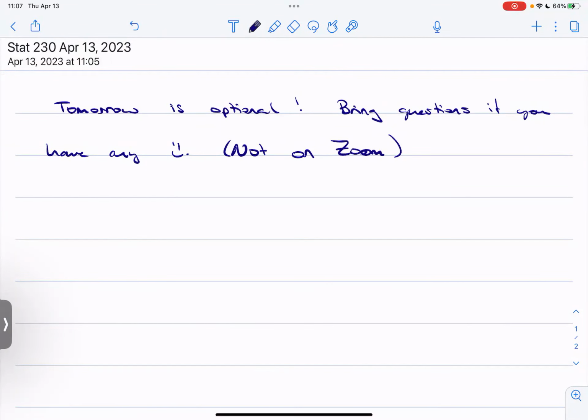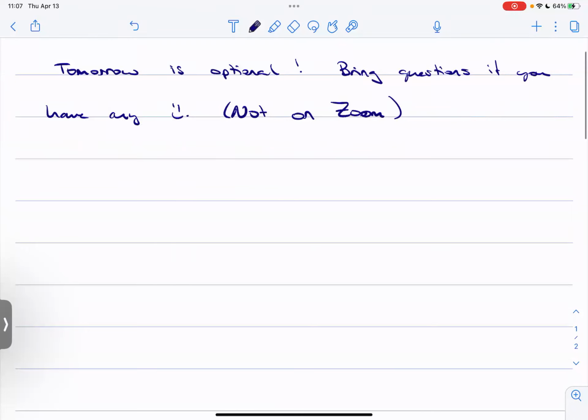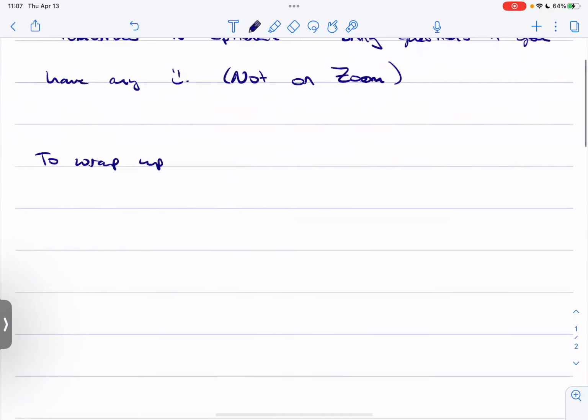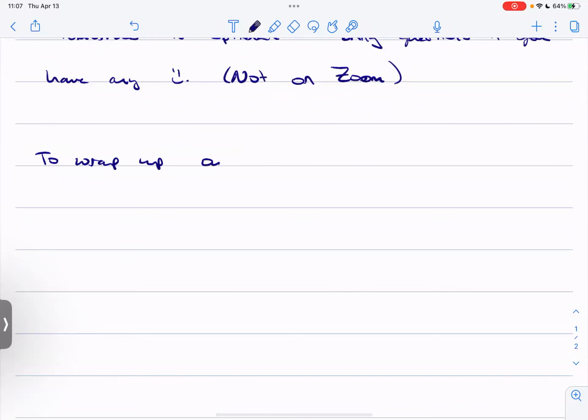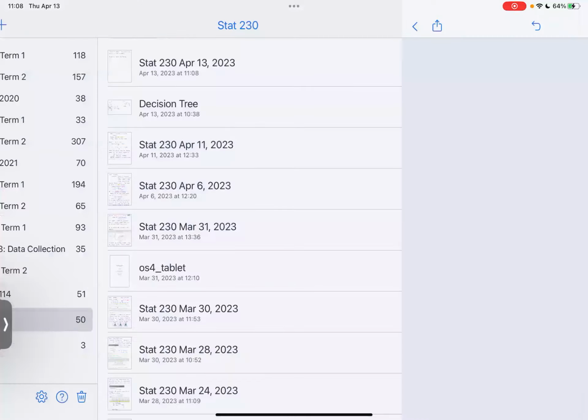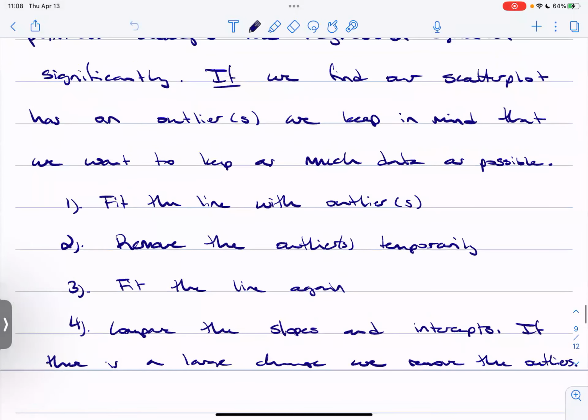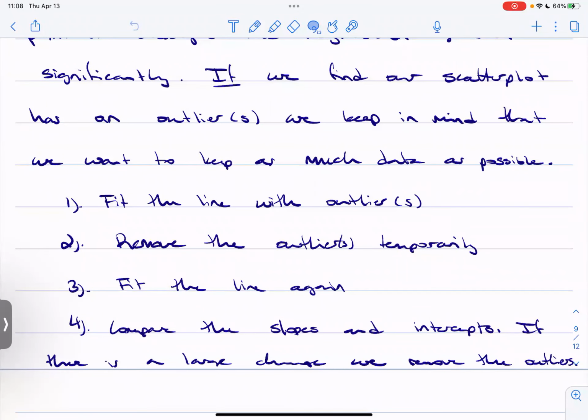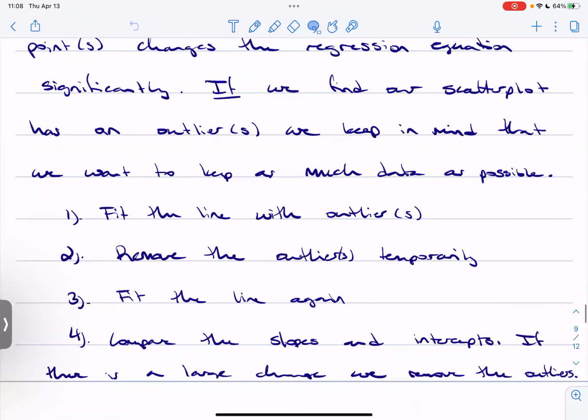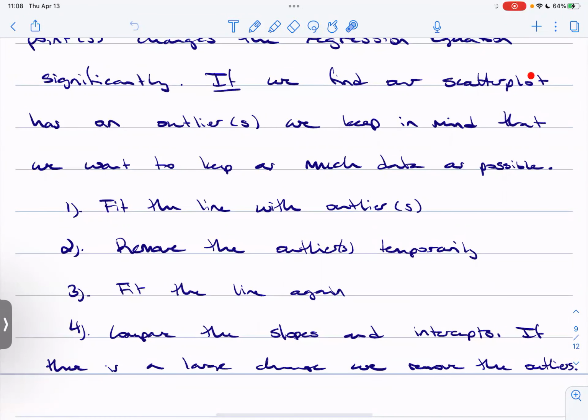All right, so to finish, just to wrap up outliers from Tuesday. We were almost finished. Okay, so here, if we find that our scatter plot has one or more outliers, what do we do?